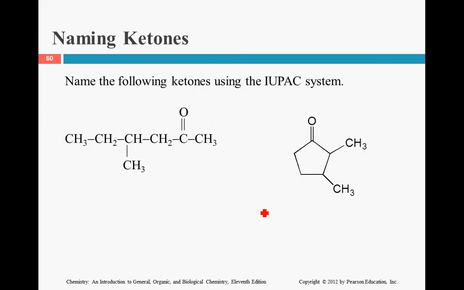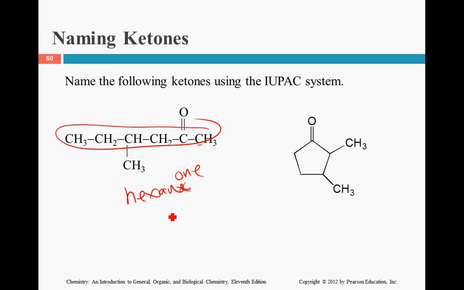So first thing we want to do is find the longest chain. 1, 2, 3, 4, 5, 6. That's hexane. We're going to change that E to O-N-E. So it becomes hexanone.